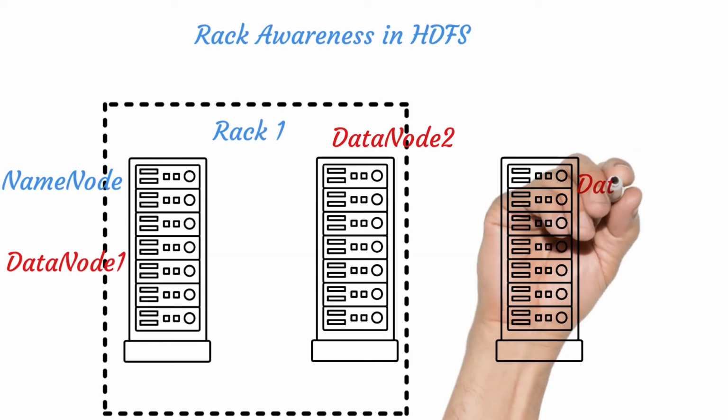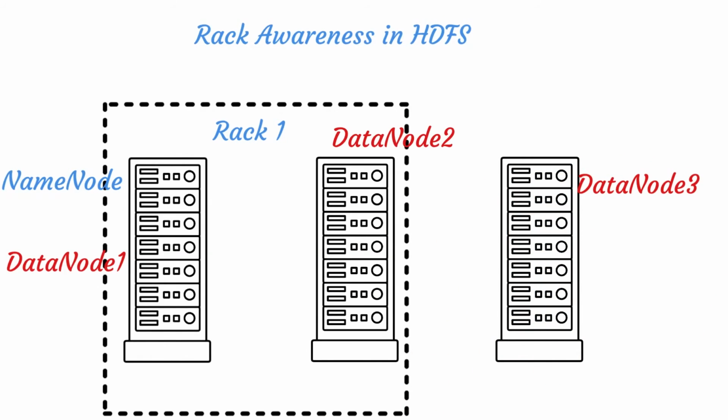The NameNode places the first replica on the nearest data node. It stores the second replica on a different data node on the same rack, and the third replica on a different data node on a different rack, but in the same data center.